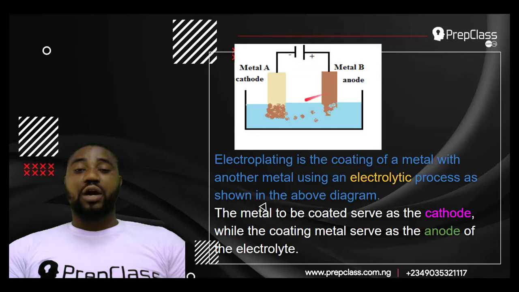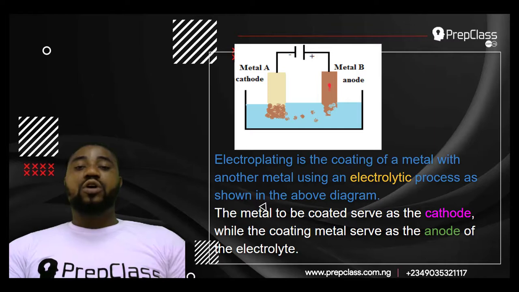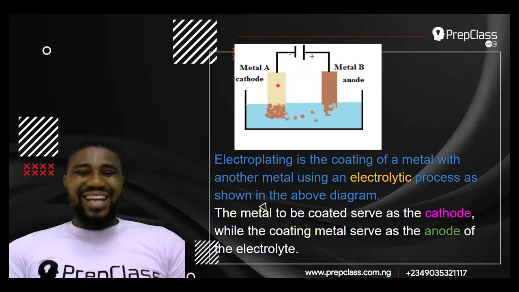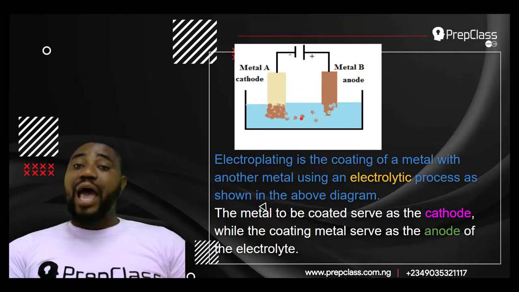In a nutshell, the anode is the positive electrode, and because of that, anions, negative ions in the solution, will migrate to the anode. The cathode is the negative electrode, and because of that, positive ions, cations, will migrate to the cathode.